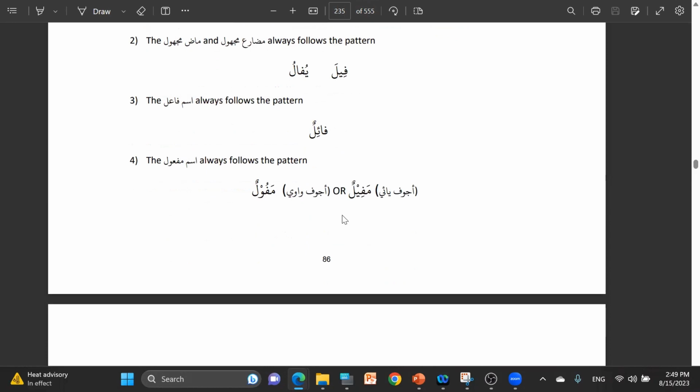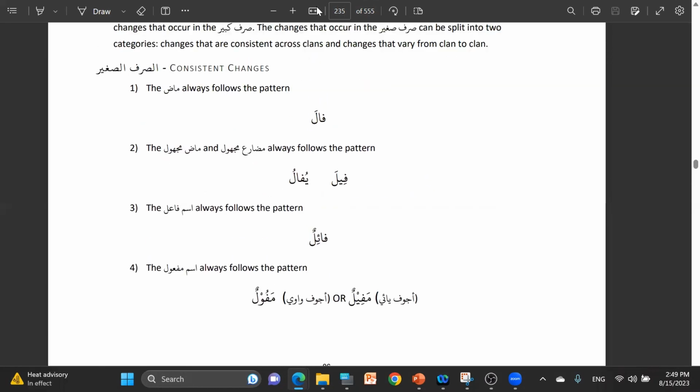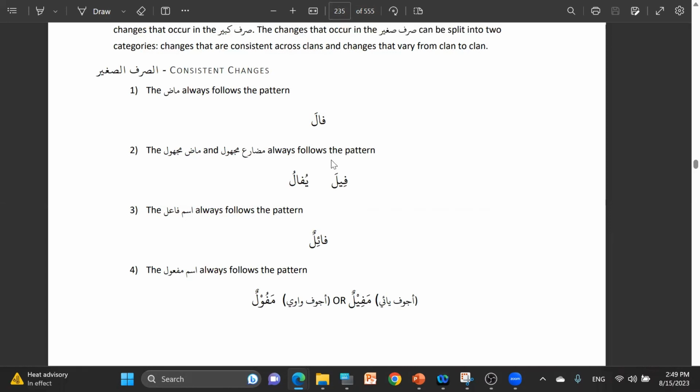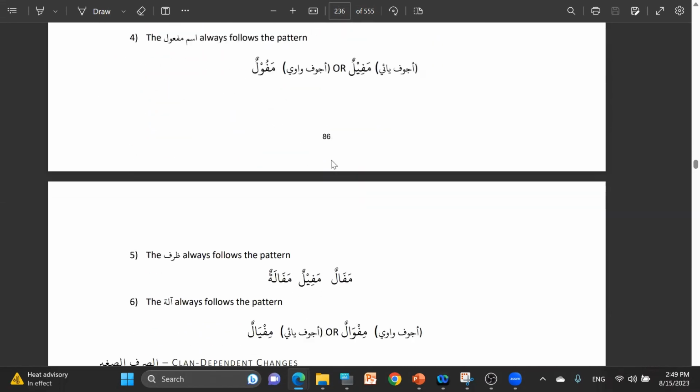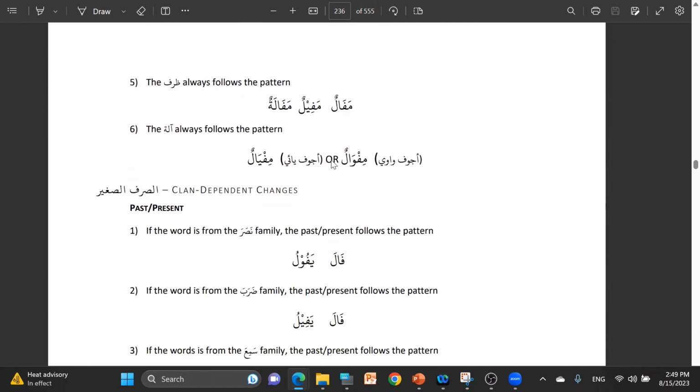This is page 86, or if you go by the bigger book of about 555 pages, then it is 235, 236. So do a quick review of Mujarrad before going to the Mazid Fihi.